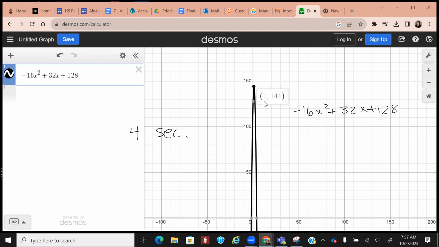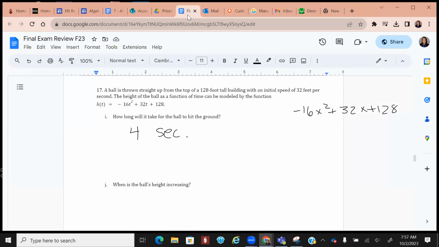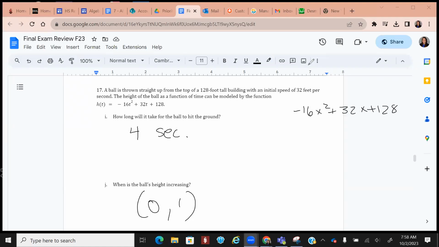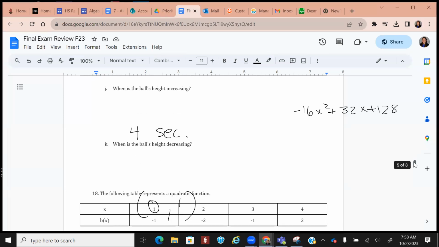From 0 to 1 is when it's increasing. And then it starts coming back down. So we're going to say from 0 to 1. Again, this is going to come from those 13 questions about quadratics. You're going to have something like this, and it's going to be some type of word problem.